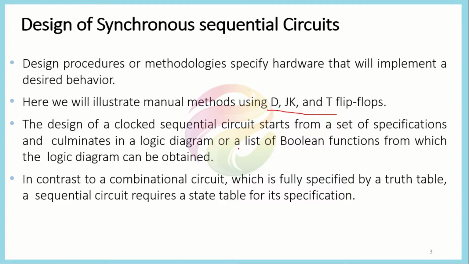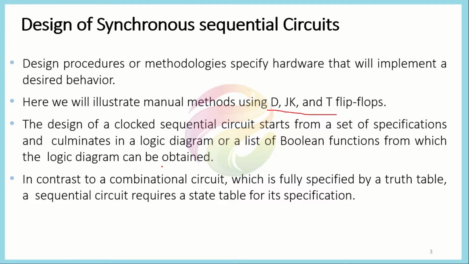The design of a clocked sequential circuit generally starts with some set of specifications, or in the form of a logic diagram, from which Boolean functions can be obtained. It is a bit different from the combinational circuit, because in a combinational circuit the whole behavior is completely specified by the truth table.